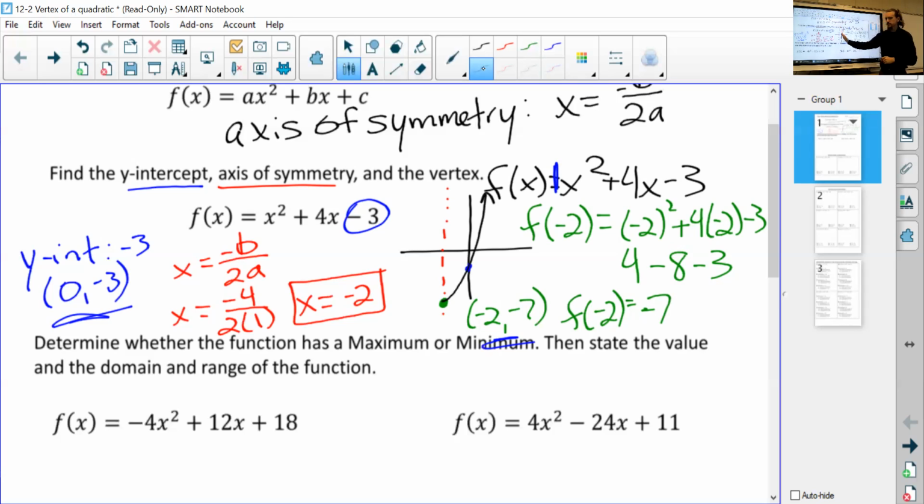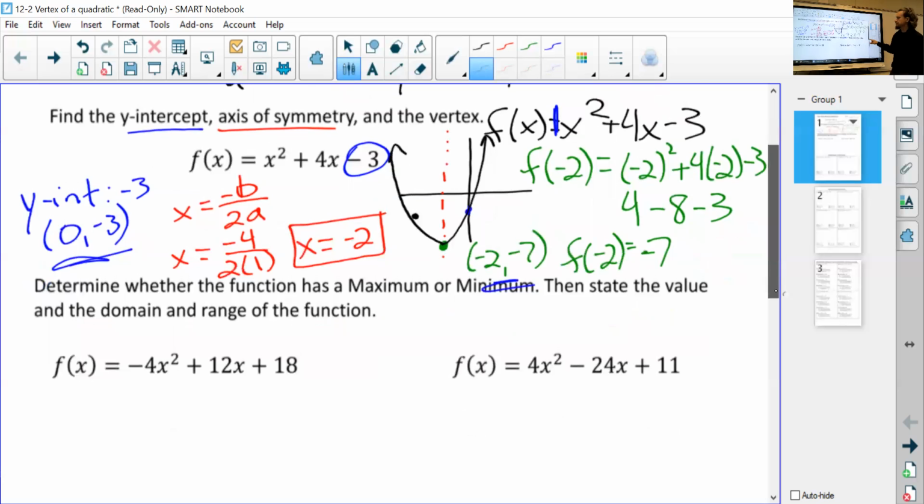And since this is the axis of symmetry, anything on the right side is going to be the same as what's on the left side. So I could put a mirrored image of my y-intercept on the left, and then I can draw the other half. And just with 2 points, I can come up with a pretty rough sketch of my entire parabola. Now, that might be helpful in case you don't want to have to go to your calculator and graph it yourself.